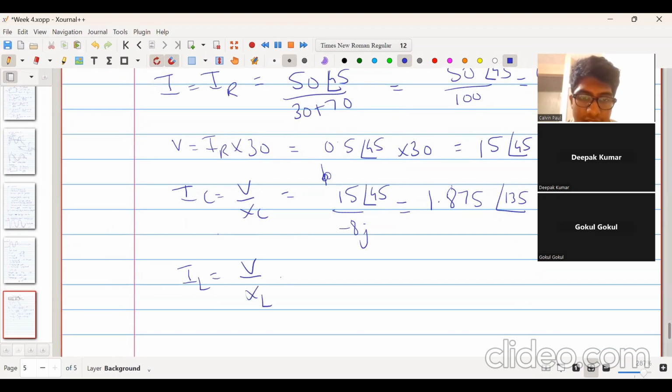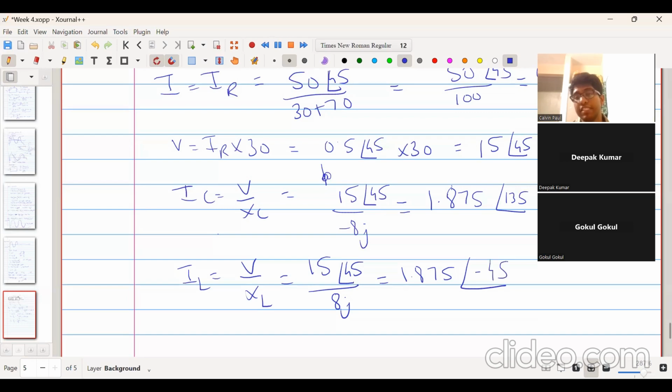Similarly, IL is V upon XL, that is 15 angle 45 divided by 8J. What will be the angle? Minus 45, because there's a J down.